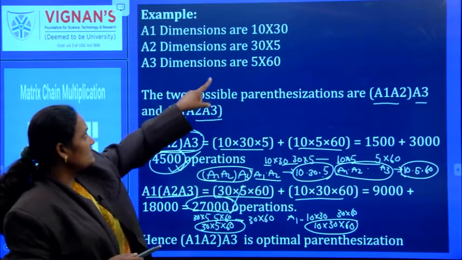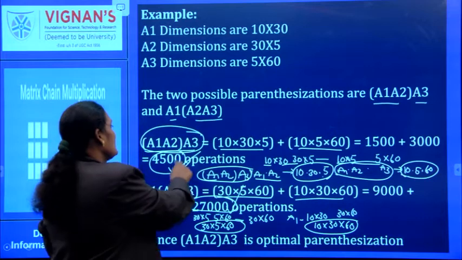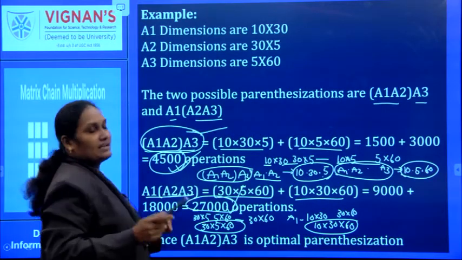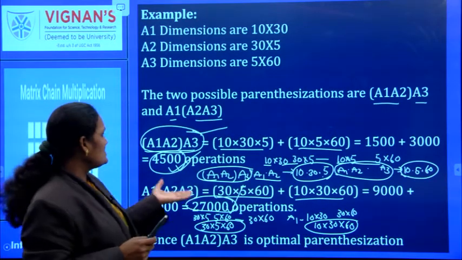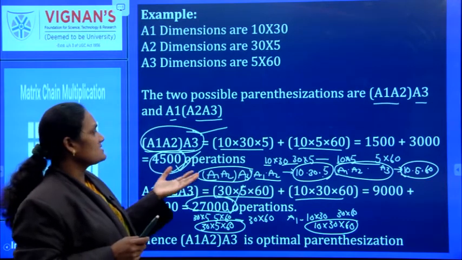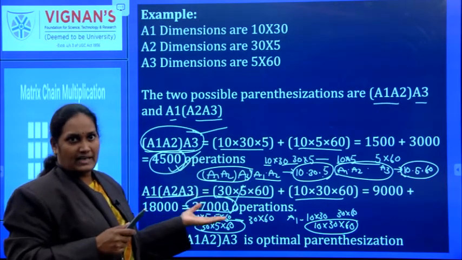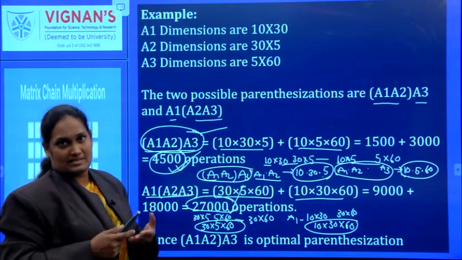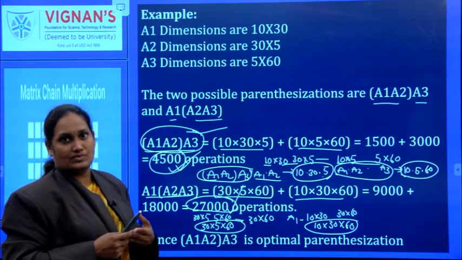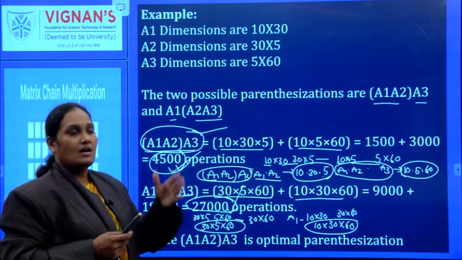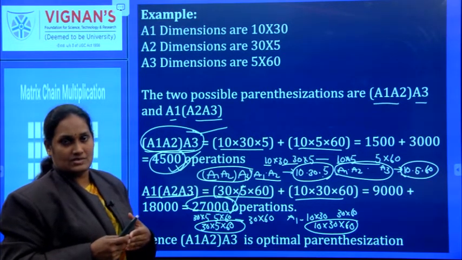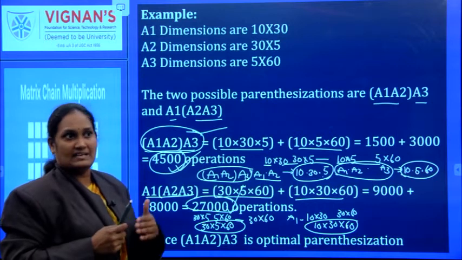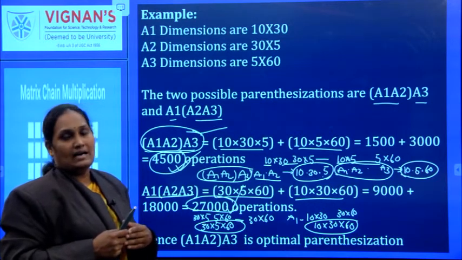Now, since we are given just three matrices, manually we can find the optimal parenthization. But if you are given more matrices, it is not possible for us to find the optimal parenthization out of the existing parenthizations. So that's why for the generalization, we go for an algorithm.